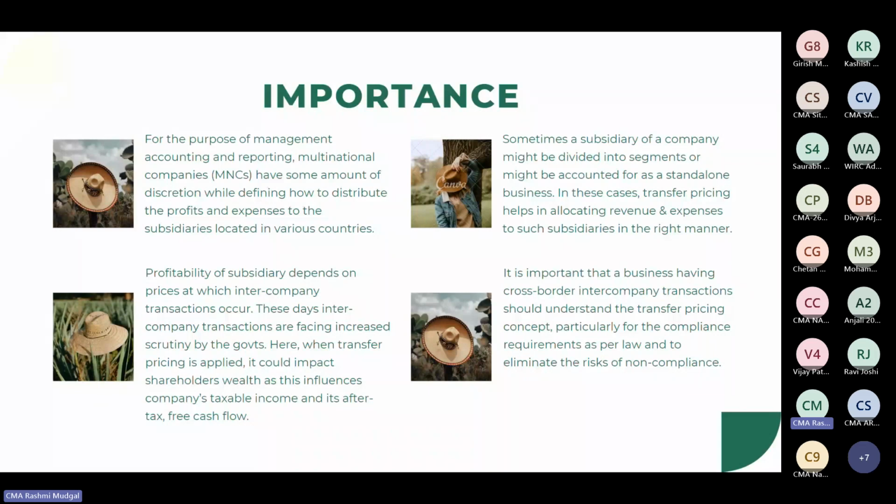For the purpose of management accounting and reporting, multinational companies have some amount of discretion while defining how to distribute their profit and expense to the subsidiaries located in various countries.